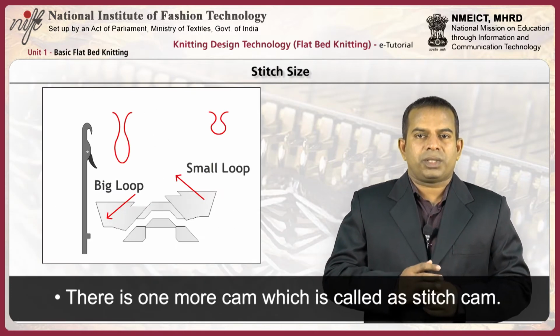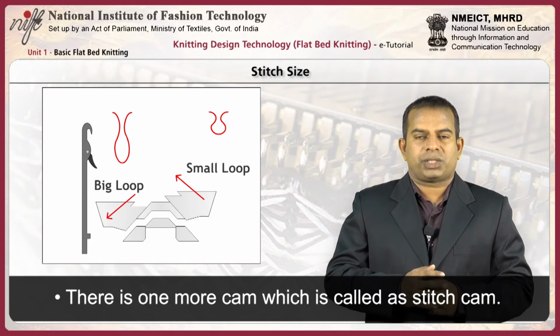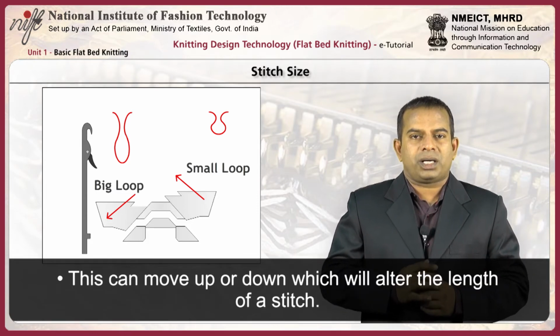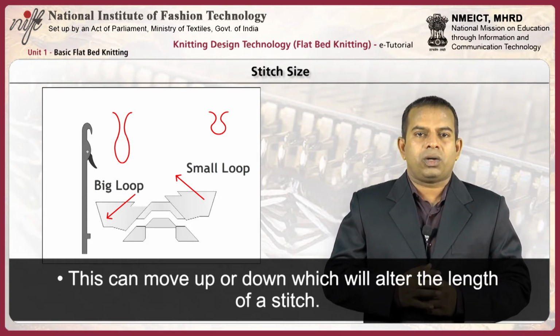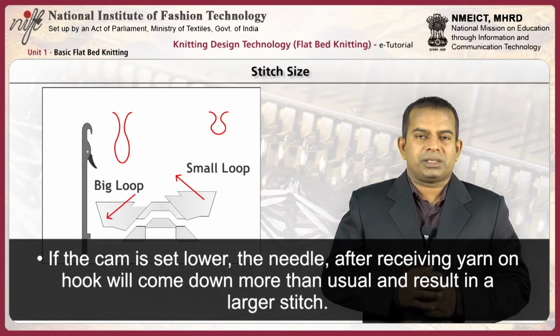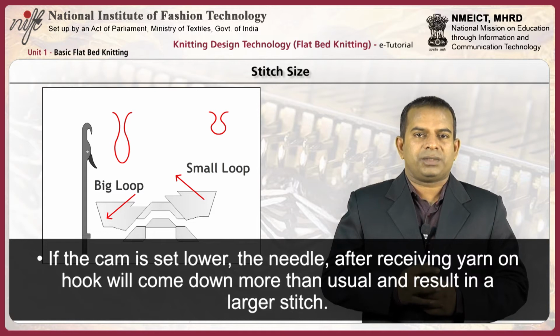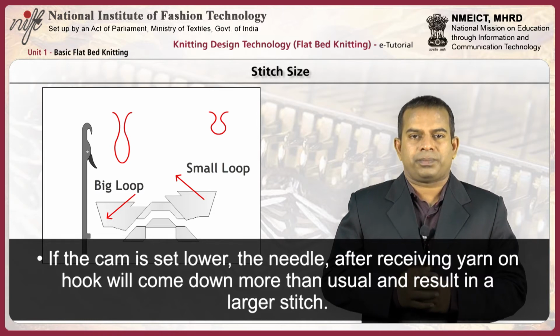There is one more cam which is called a stitch cam. This cam moves up or down, which will alter the length of a stitch. If the cam is set lower, the needle after receiving the yarn on the hook will come down more than usual and result in a larger stitch.